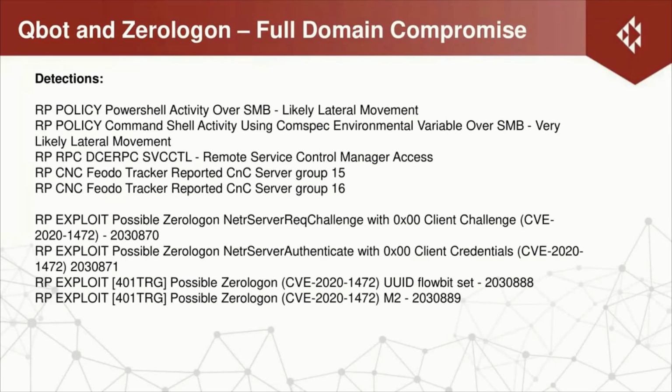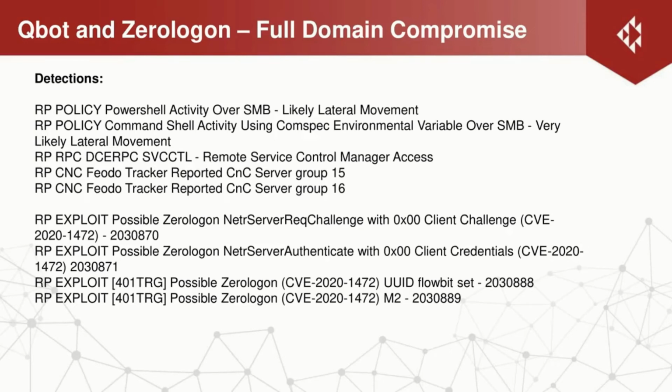So we have PowerShell activity over the SMB protocol, command shell execution over SMB again, SCM or Service Control Manager. We have some known C2 or CNC server groups as well, so reaching out to those C2 servers would have been blocked. And then the privilege escalation attacks in Zerologon, that exploitation can be detected a number of different ways.